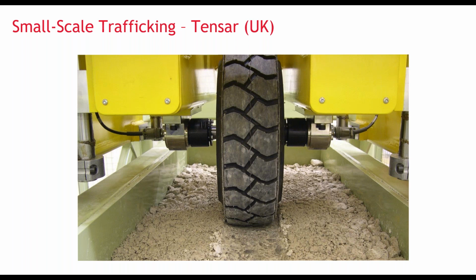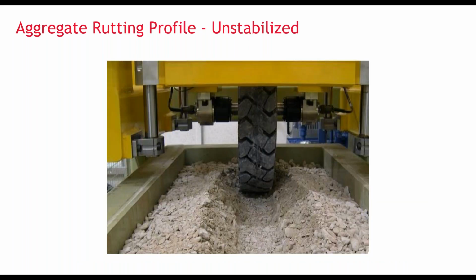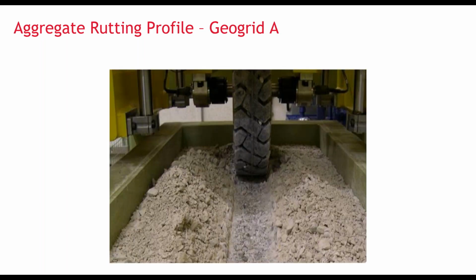Here's what the gravel surface looks like after 1,000 passes of the wheel when no geogrid is used. You can see that a significant rut has developed and the material at the surface has been pushed to the side. This photo shows the results when one of the geogrids was added to the section on top of the soft subgrade.